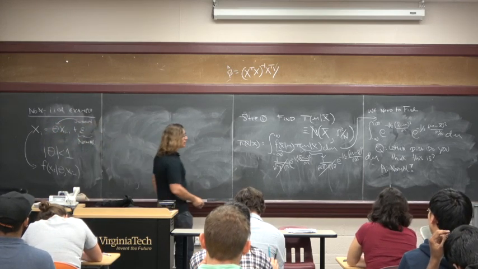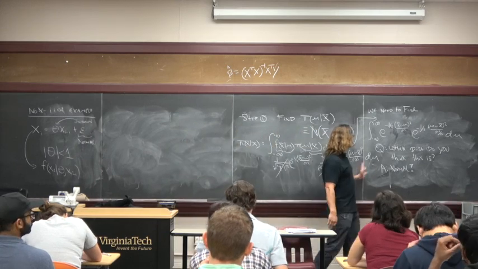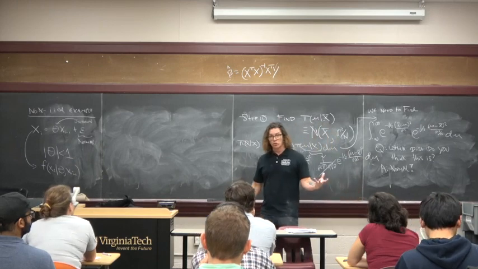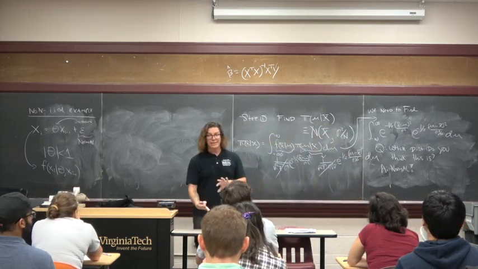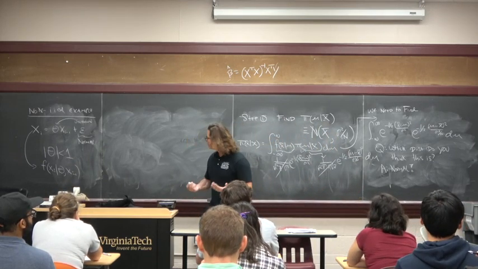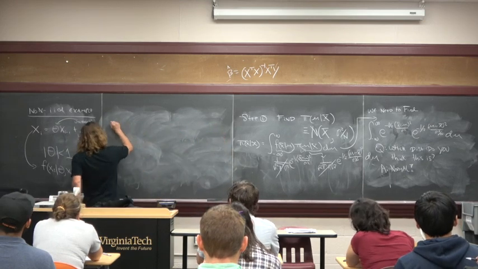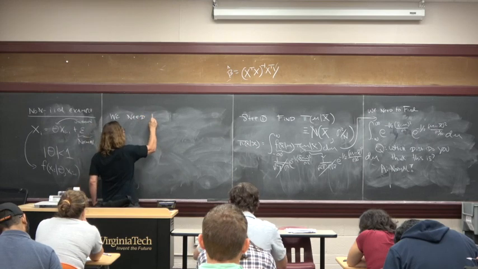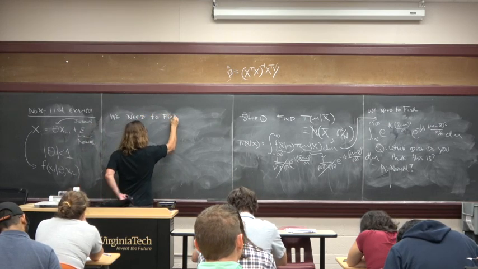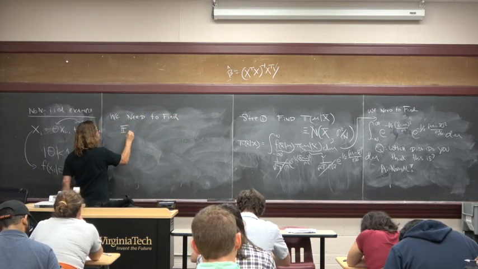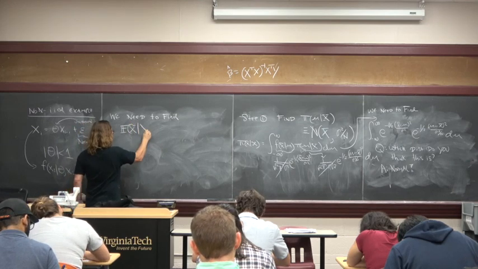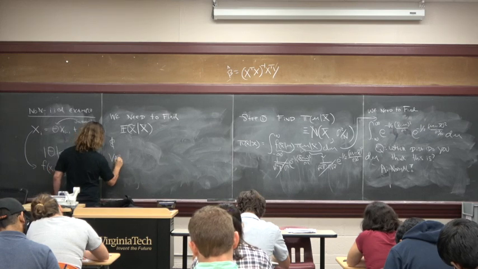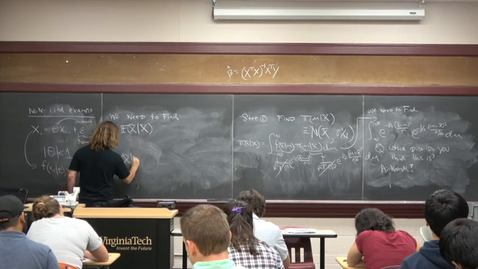However, if you recognize the distribution and you say, all I need to do is identify the parameters of that distribution, in the normal case it's an expectation and a variance, that's an easier problem. And so, we need to find the expectation of x tilde given x and the variance of x tilde given x.